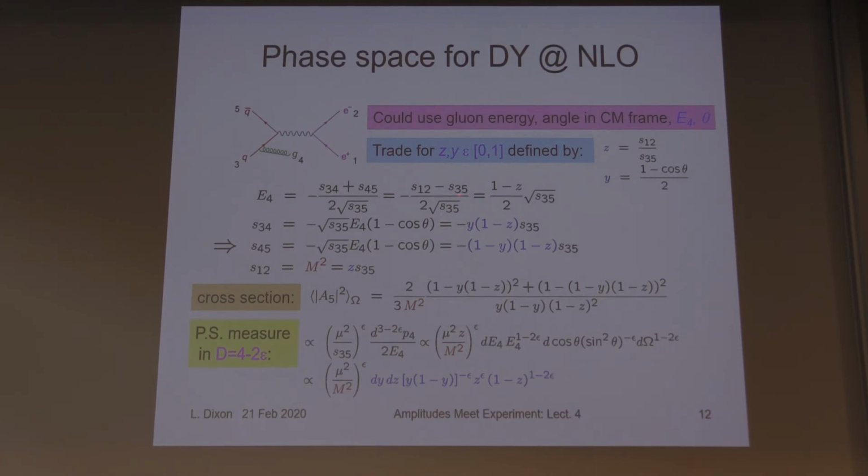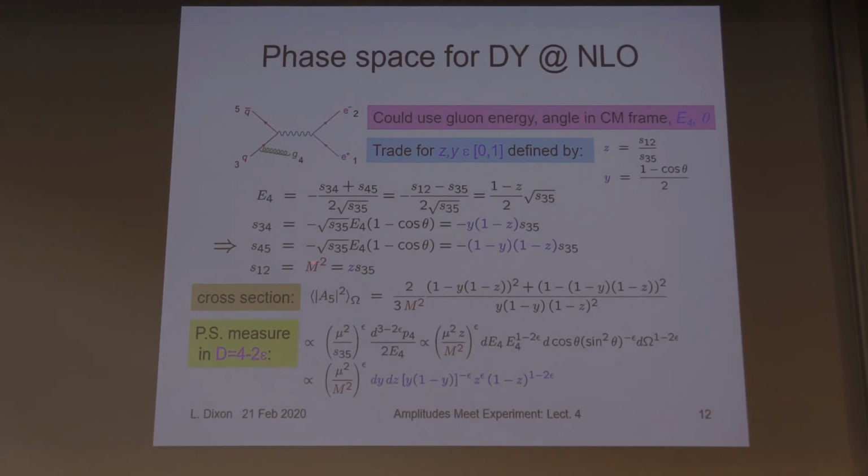And you can also rewrite it using momentum conservation in terms of S12. In any case, when you plug in these formulas, you find that E4 is more or less a proxy for, or is equivalent to, 1 minus Z up to some overall scaling factor. So it doesn't have any theta dependence.